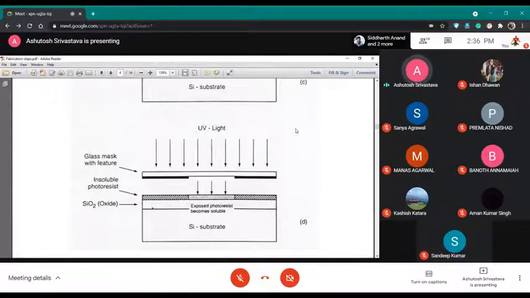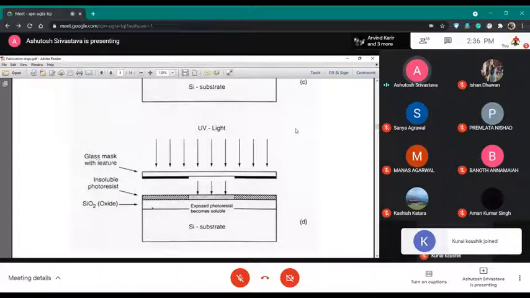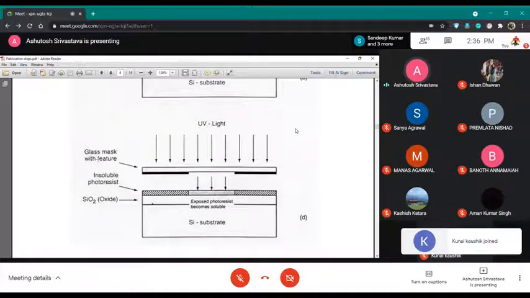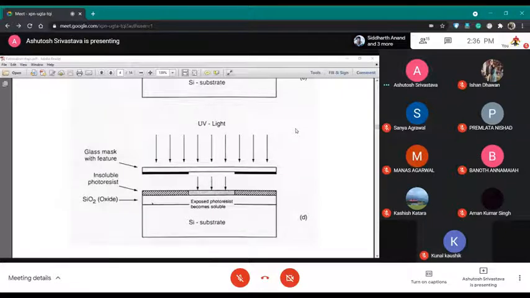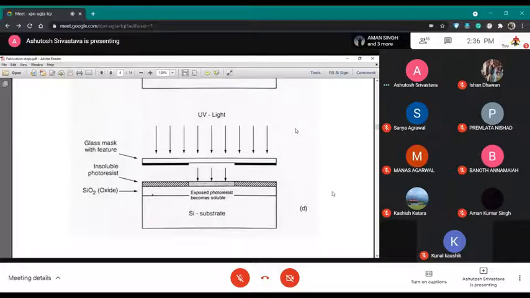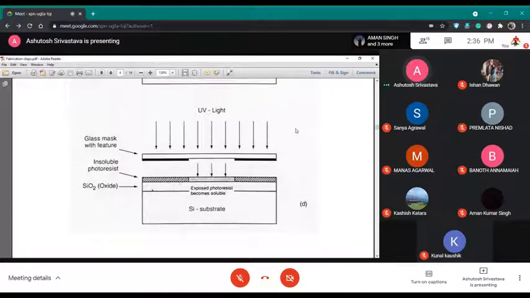This is a very important step through which you form the patterns that are desired by you. So you expose through this ultraviolet light. You have two things.